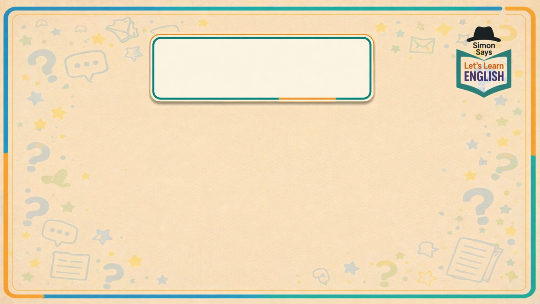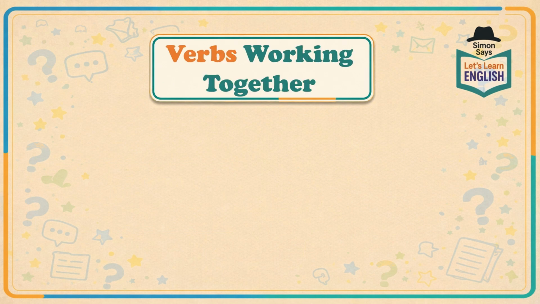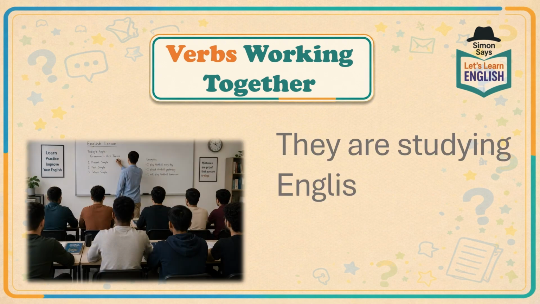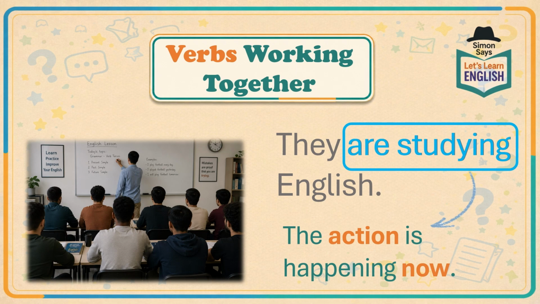Now, sometimes two verbs may work together in a sentence, like we saw before. Take a look at this example. They are studying English. Now, the words are studying work together to tell us that this action is happening now.